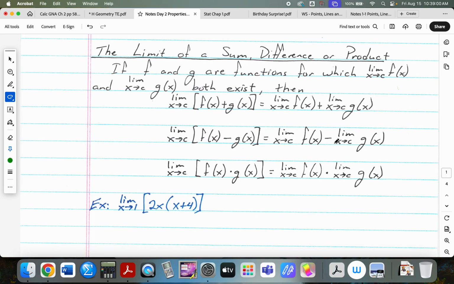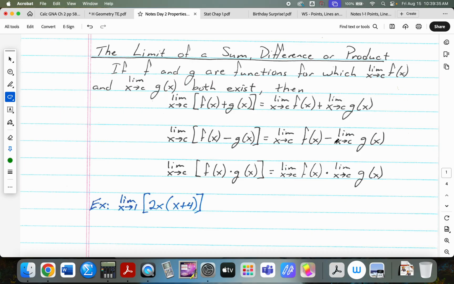Okay, again, some of these are pretty self-evident. The next one isn't as self-evident. The limit of a sum or a difference or a product. So if f and g are functions for which the limit as x approaches c of f of x and the limit as x approaches c of g of x both exist, it can't be that one of them's infinite or does not exist, then the limit of the sum of those two functions is the sum of the two limits.